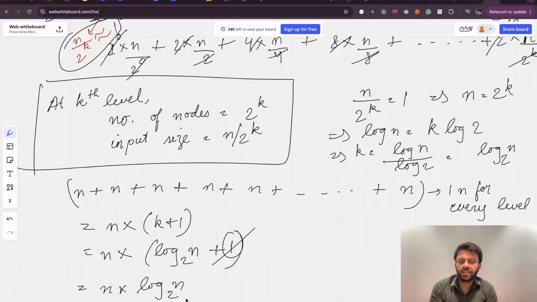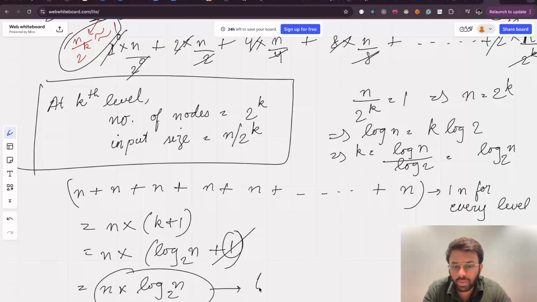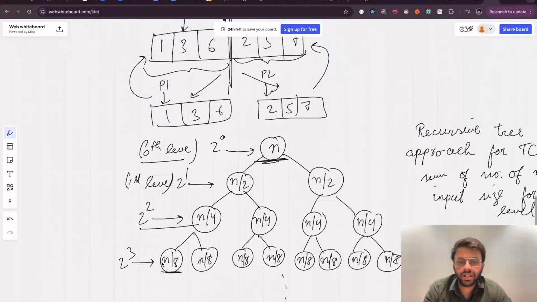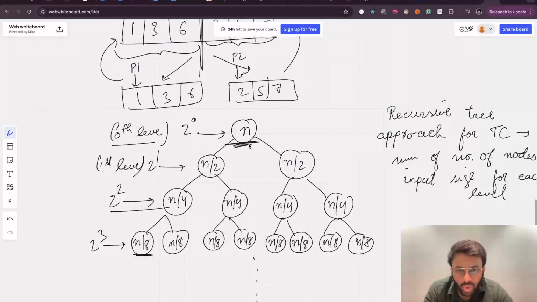This is why we can say that the time complexity of the merge sort algorithm is big O of n log n, because this is the total work done. So my time complexity comes out to be big O of n log n. Understood? Every node is doing some work, every recursive call is doing some work.